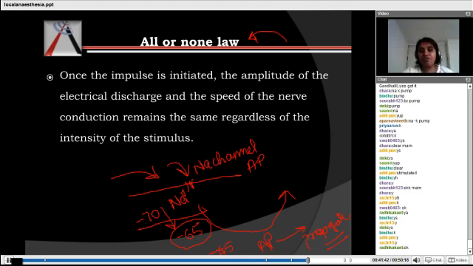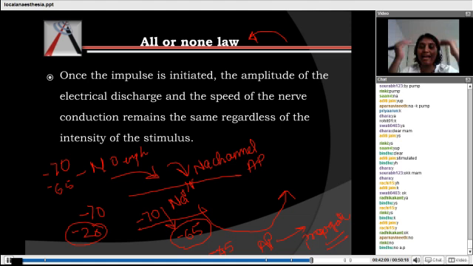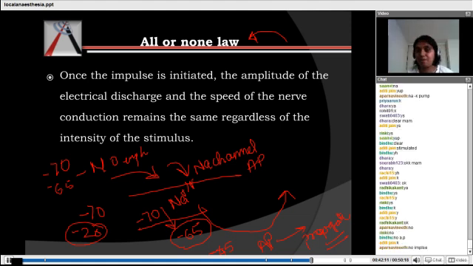But if we have more of an impulse, more of the sodium channel open, and it drops from minus 70 to minus 20, does that make any difference? No. That doesn't make any difference in conduction velocity or anything. But if we have minus 70 to just minus 65, there will be no impulse going forward. So there is a threshold that has to be crossed, and after that everything is the same.